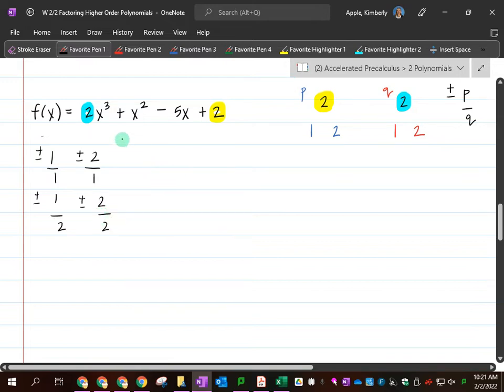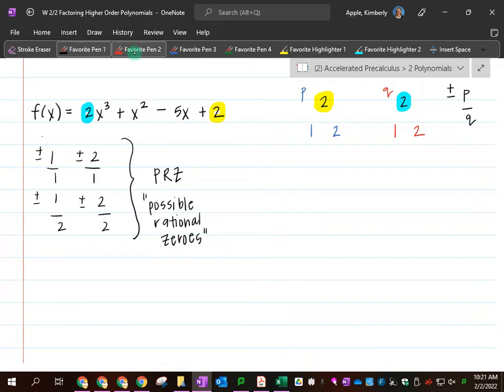And so these are called PRZs, or also known as the possible rational zeros. So this shortens the list of things I need to try.